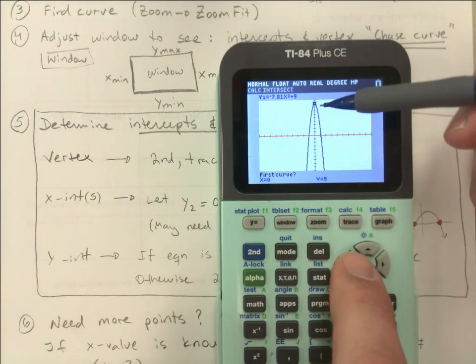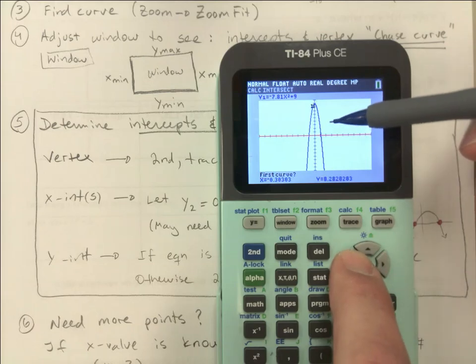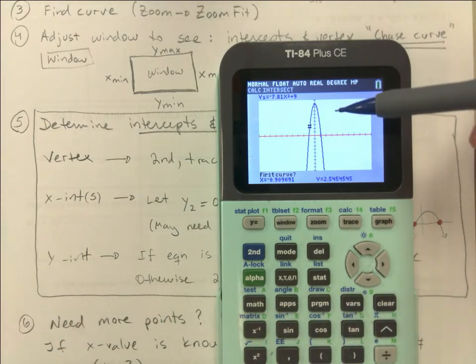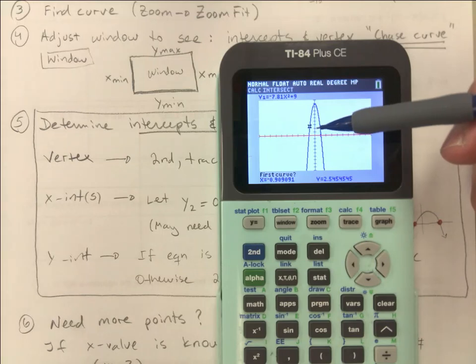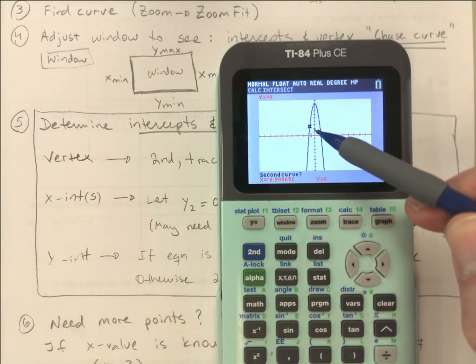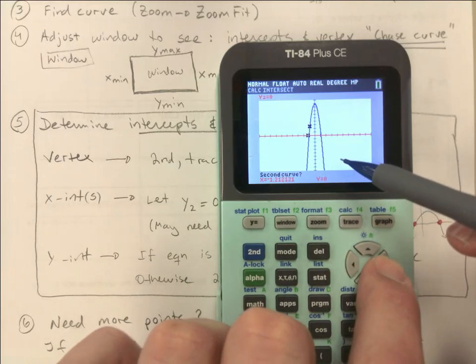Now, this is how this goes. If you want to find this one first, go closer to it. You don't have to be right on it. It doesn't matter. The calculator is going to find it. But just go closer to the one you want to find. You're on the first curve right now. You hit enter. And then it says you're now on the second curve, which is the red one, right?